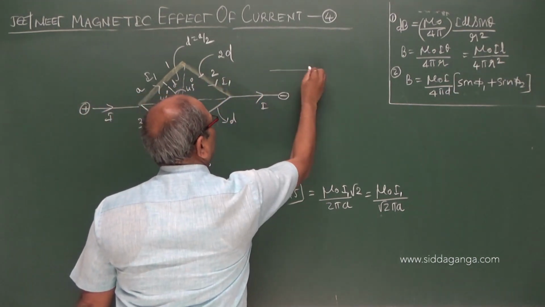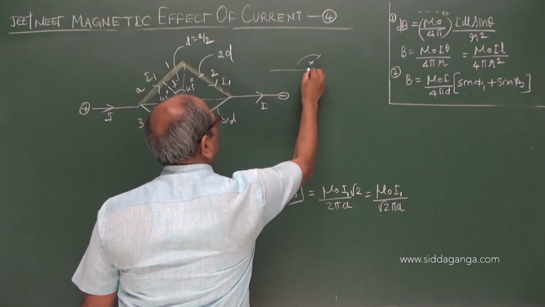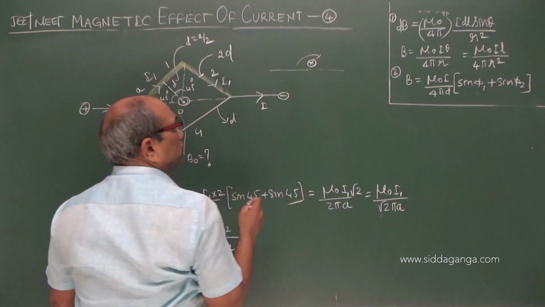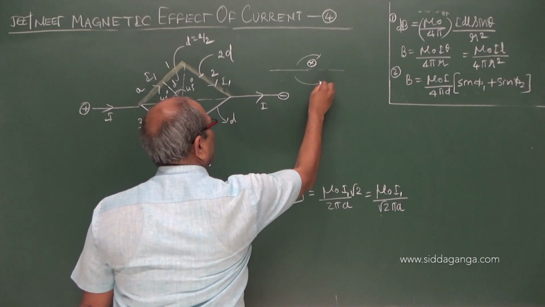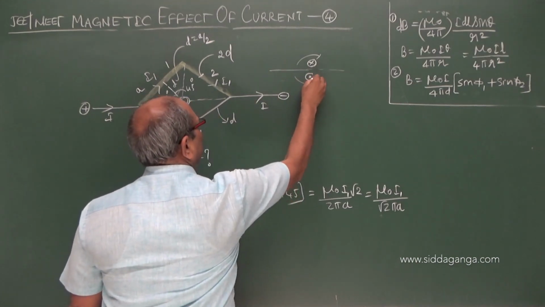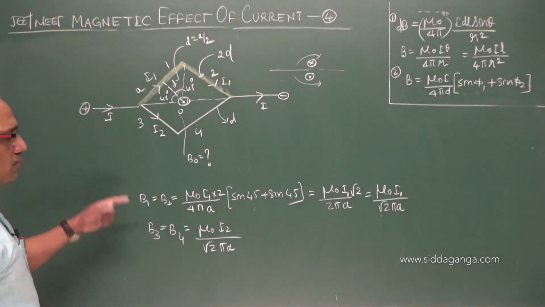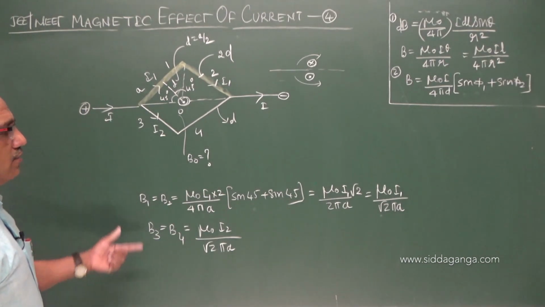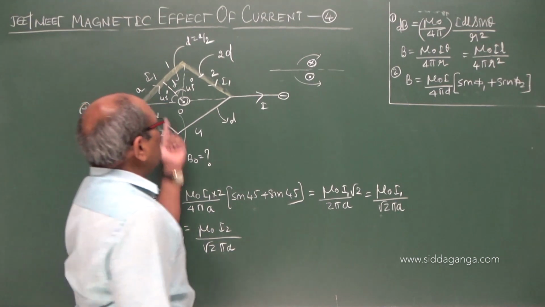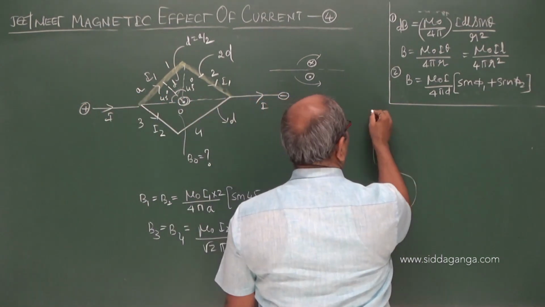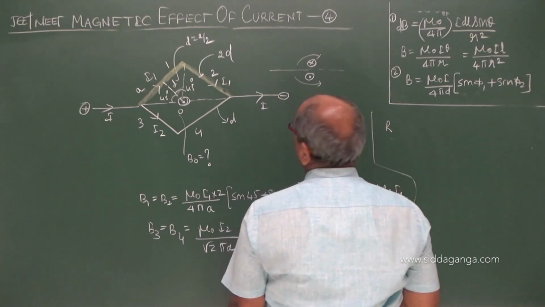The upper part, clockwise, produces the field into the board, whereas the lower part, anti-clockwise, produces it outward. Therefore, I have to see what the value of the magnetic field due to the current is. To find the currents, first you have to think about the resistance.